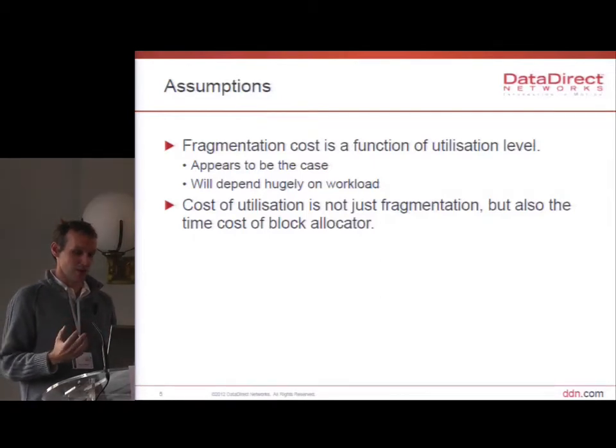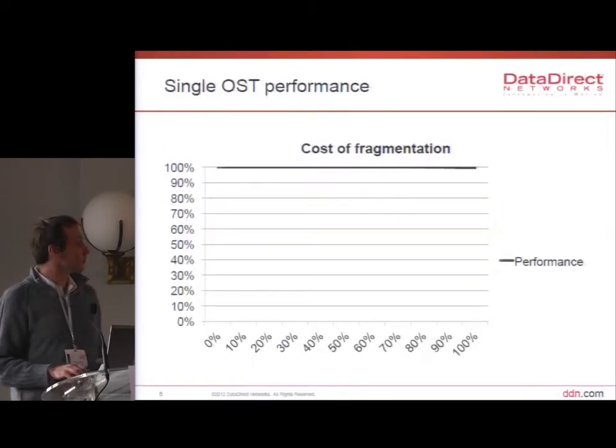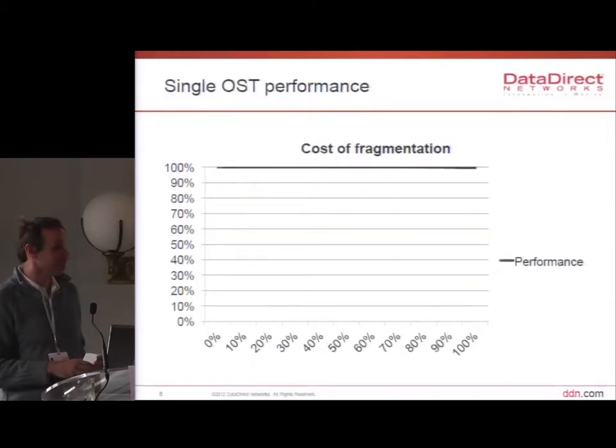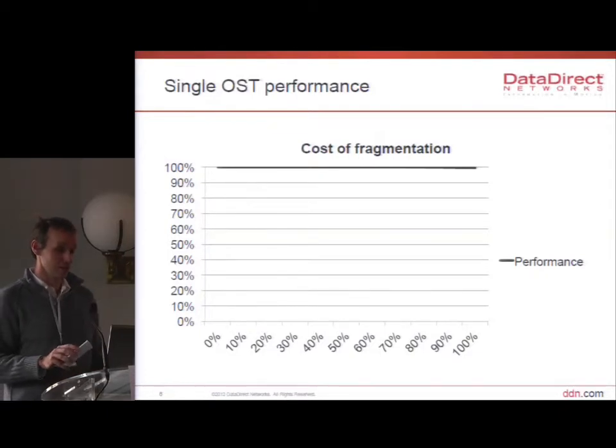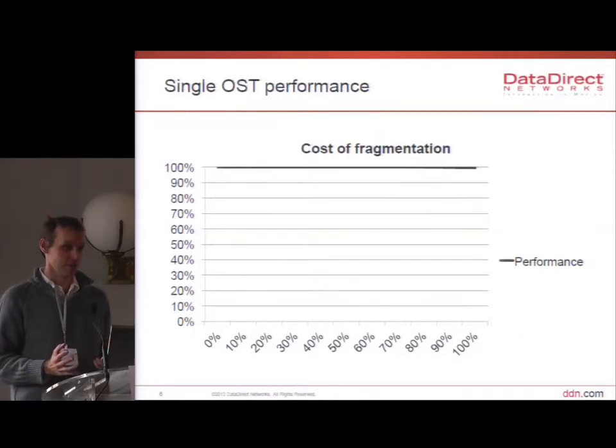You might have a block allocator that's perfect and manages to get everything block aligned, but if it takes a long time to do it, then you've still got the slowdown, the performance issue on write. This is actually a graph. It took me a long time to get this graph. I tried to measure the cost of fragmentation on a single OST, or a single ext4 file system.